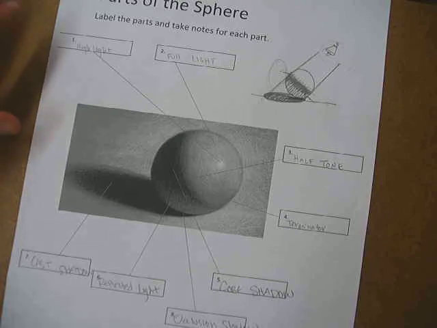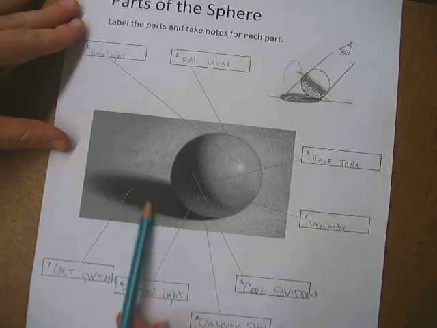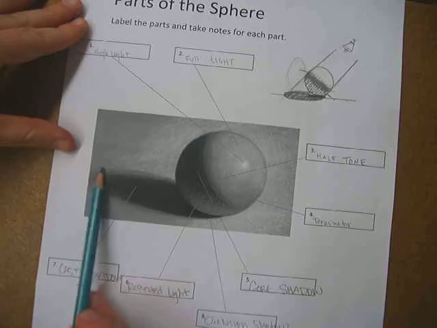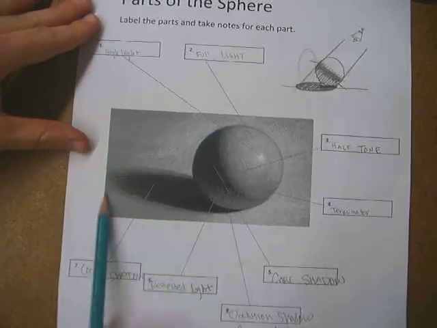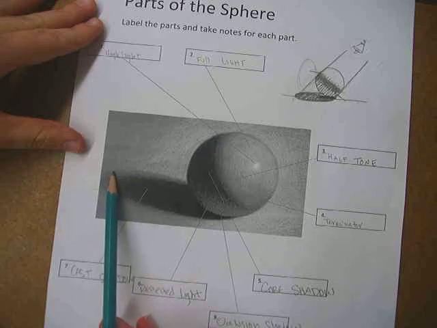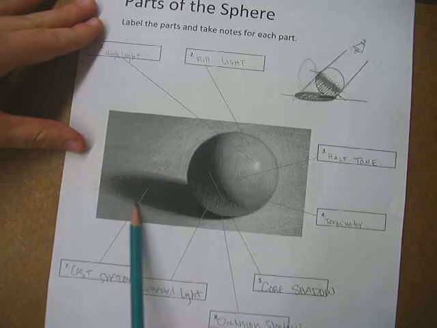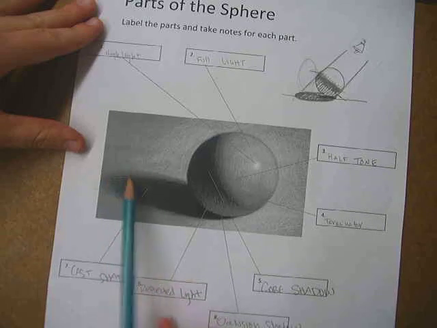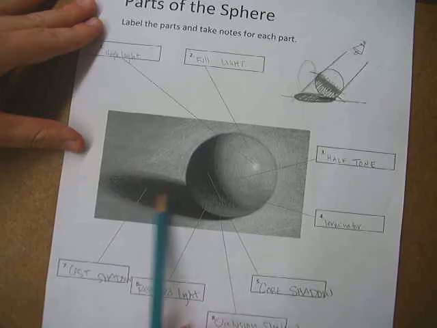Two other words that I want to introduce. There's something called the penumbra shadow and the umbra shadow. This is an umbra shadow here, this is a penumbra shadow. A penumbra shadow is where the light is hitting it, but it's kind of dissipating. There's other light sources coming around, making a really soft edge.